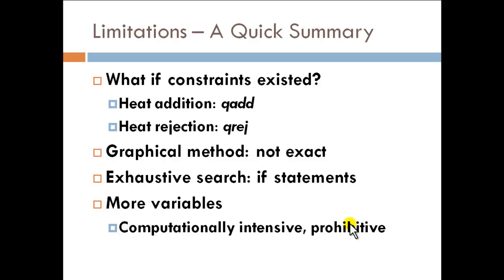Next, we performed this exhaustive search and we did a pretty good job. But what happens if you have many more constraints, which is many times the case? What happens if there are more variables? What happens if we changed all of the pressures and all the temperatures in the system? Well, it becomes computationally intensive, and a lot of times it becomes prohibitive.